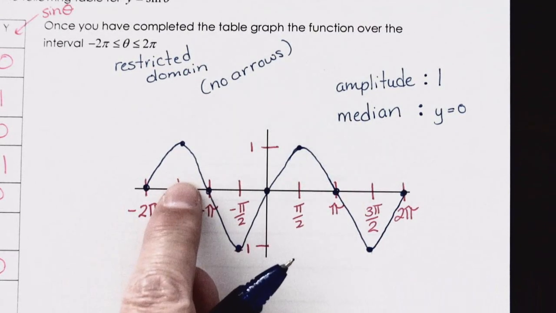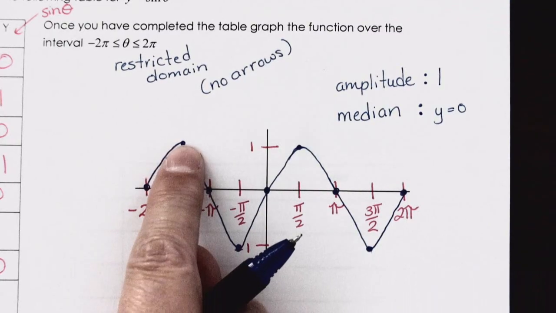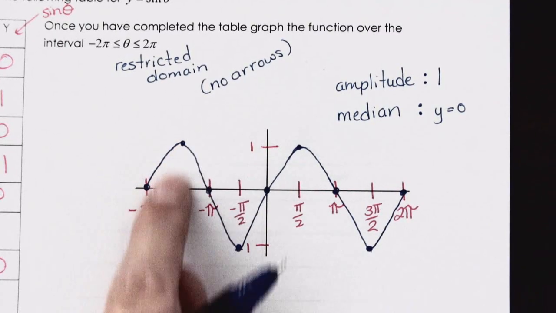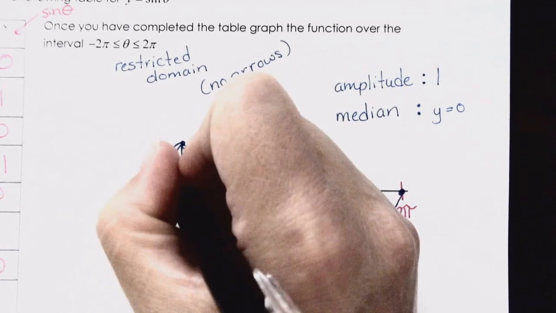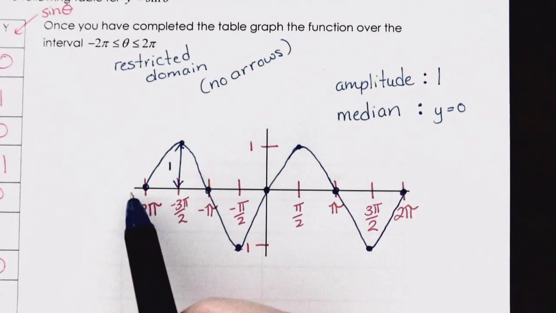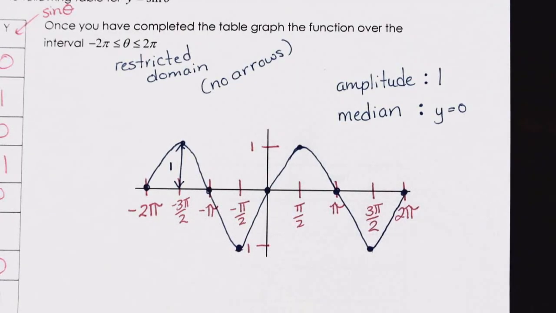If we said our amplitude is 1, we're measuring from the x-axis up, right? So from here to here has a height of 1. So that's my amplitude. We're baby stepping this because we're going to start shifting this graph around, and your median won't always be at y equals 0.